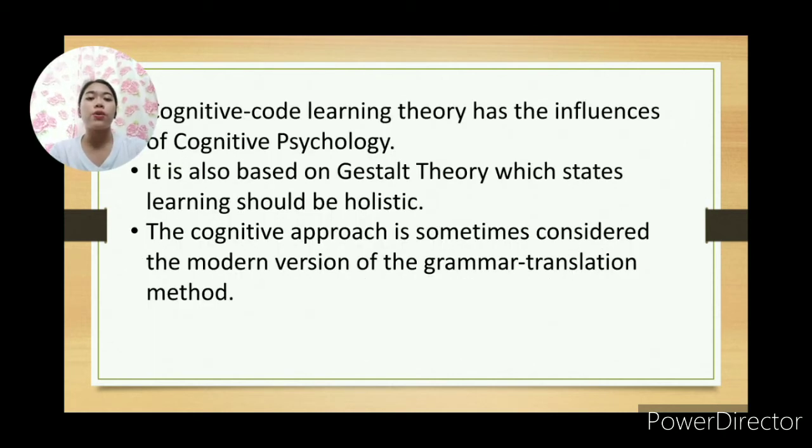Cognitive code learning theory has the influences of cognitive psychology. It is also based on Gestalt theory, which states learning should be holistic. The cognitive approach is sometimes considered the modern version of the grammar translation method. Cognitive learning theory explains how internal and external factors influence an individual's mental processes to supplement learning.